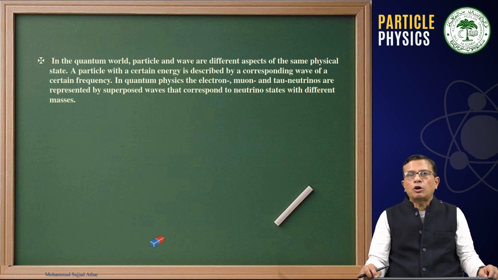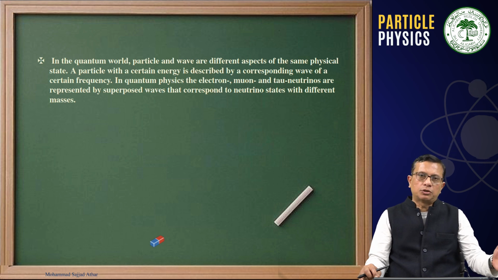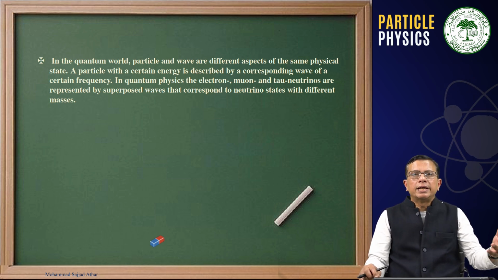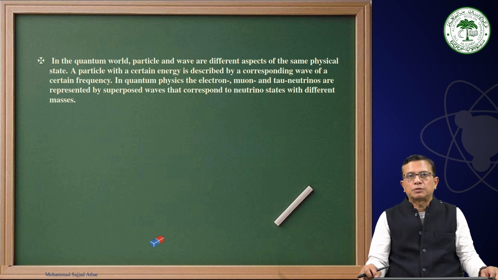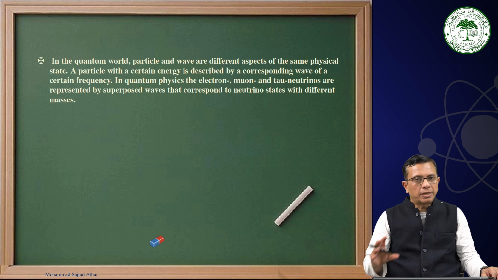In microscopic systems, for electrons, protons, photons, neutrons, etc., it's easy to see the diffraction pattern or interference pattern or the particle behavior. But for macroscopic systems, we only talk about the particle nature. In fact, this wave nature is there everywhere. Now, a particle with a certain energy is described by a corresponding wave of a certain frequency.